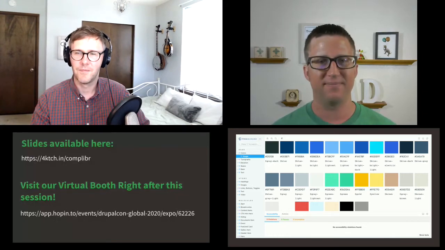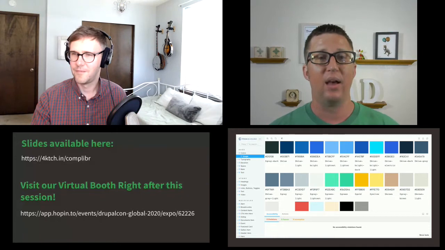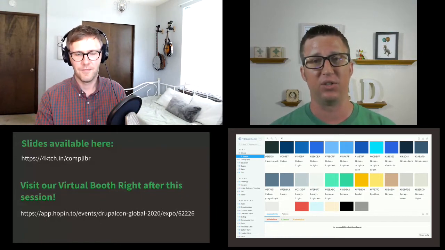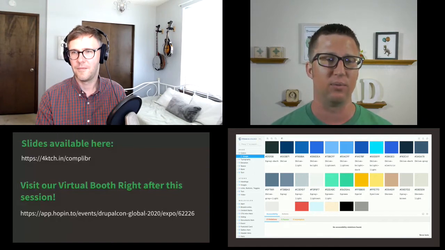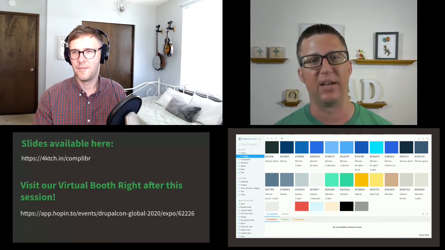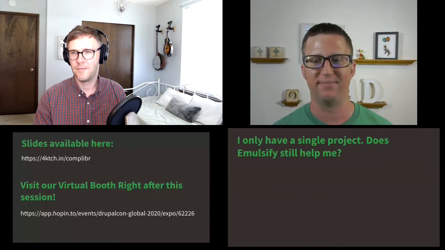So that's nice. And we're also in the process of helping Yale transition to using Emulsify as a design system across their organization. So these tools are ready for prime time right now. Go check them out.